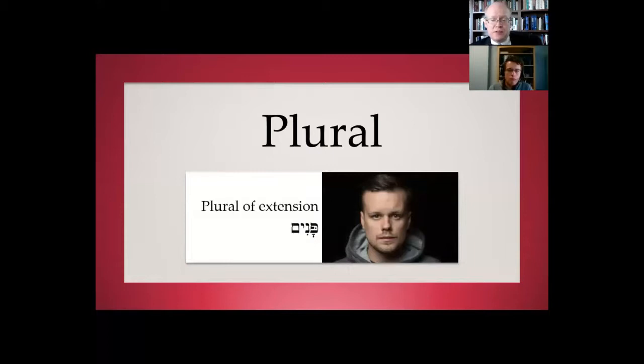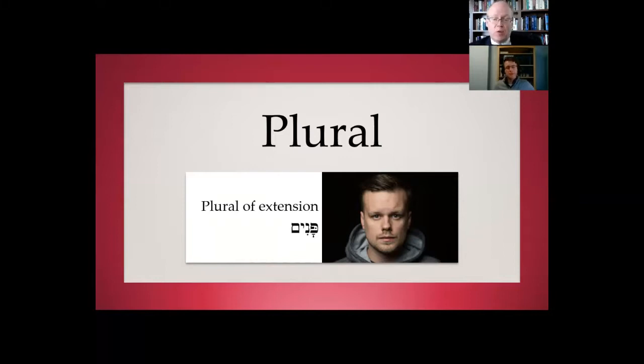Plural of extension, often called a plural of summation. To be honest, I'm a little skeptical about this category because it seems as though it's trying to play with the idea of countables brought together in one. But what we do find is that the word face occurs in a plural, panim.